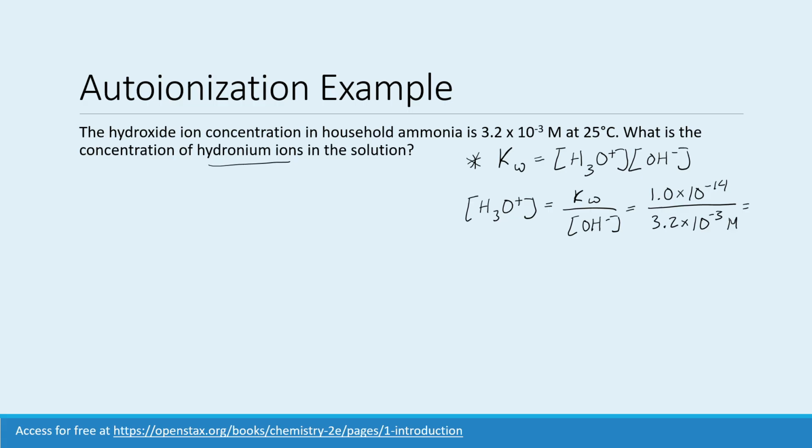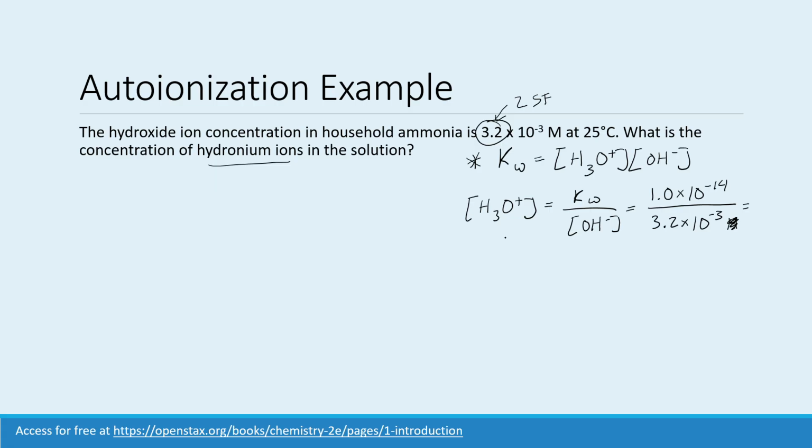And the hydroxide ion concentration has two significant figures, and so we want two sig figs in our answer. And remember, I'm sorry I put this unit here. It's better to just not use units in your calculation, and remember that you have to add the units for concentration at the end, right? Because our Kw value is assumed to be unitless.